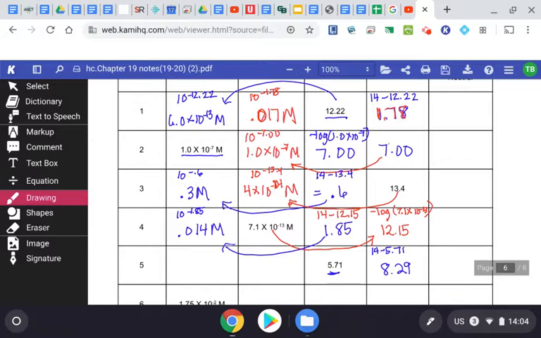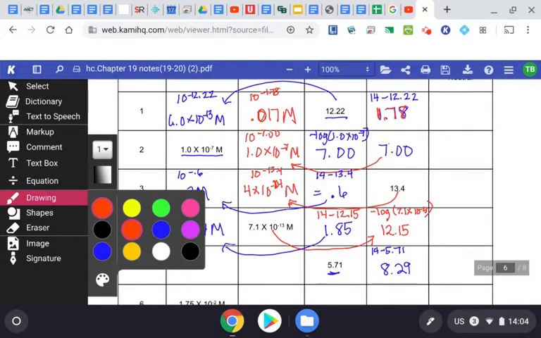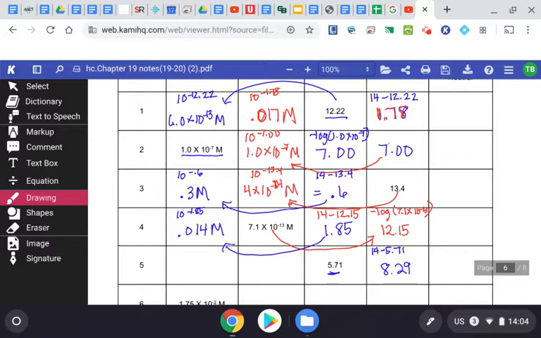From that pH, and let's change colors here, I can also figure out my hydrogen ion concentration. And from this pOH, I can figure out my hydroxide ion concentration as well. So let's go ahead and do that since I'm already in red here.